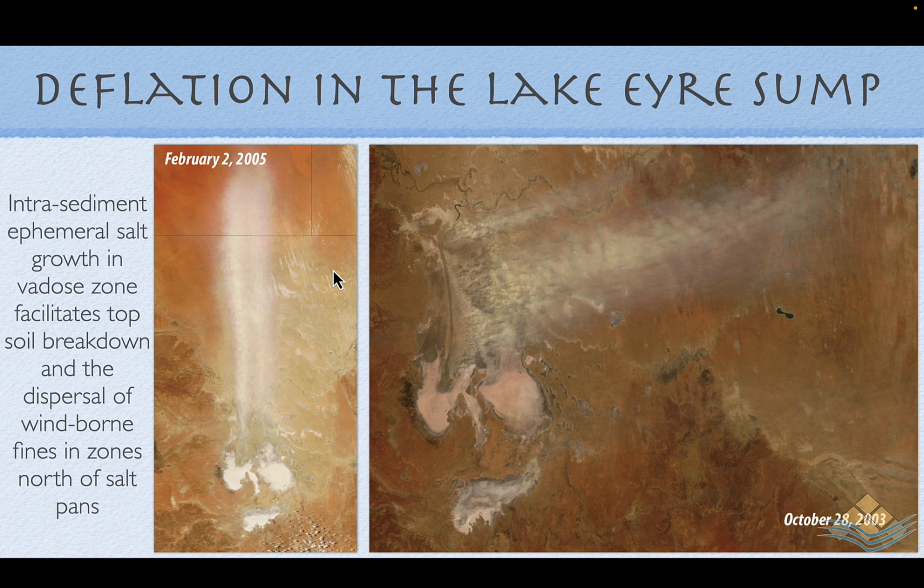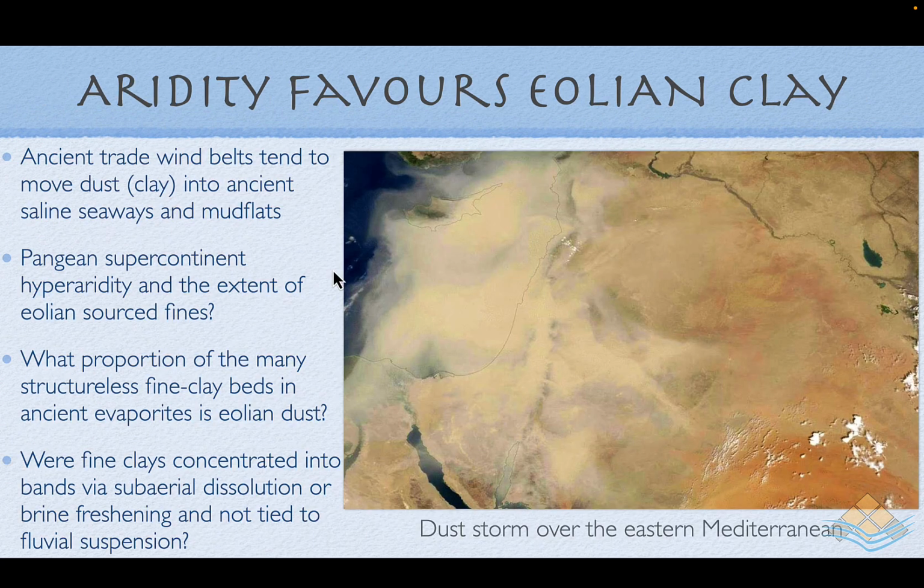Once we are above the capillary zone atop the water table, we see dispersal of windborne fines into aeolian transport. And here we can see it not just forming dunes, but also forming significant dust clouds in the overlying atmosphere.